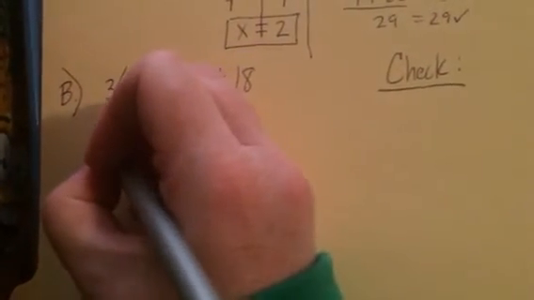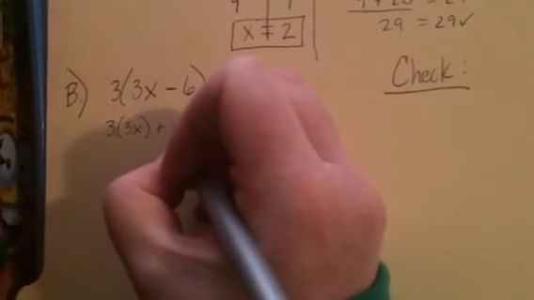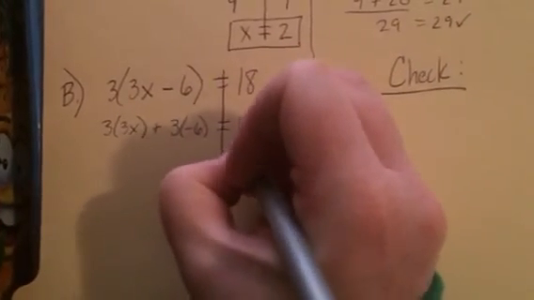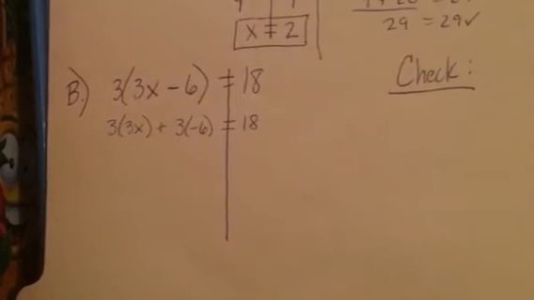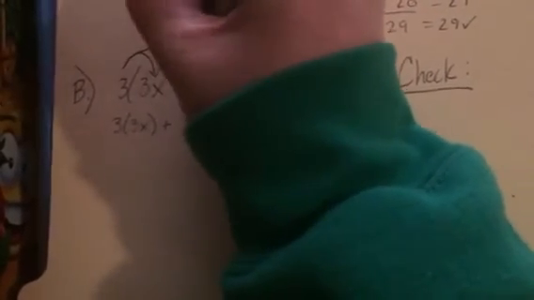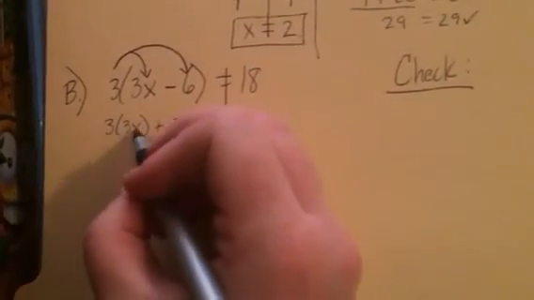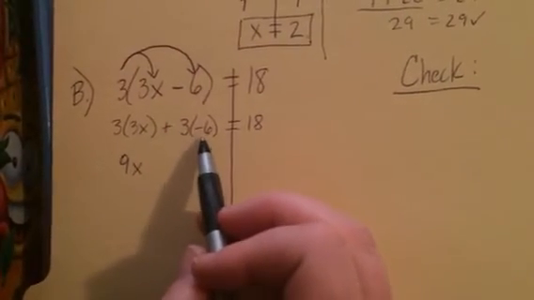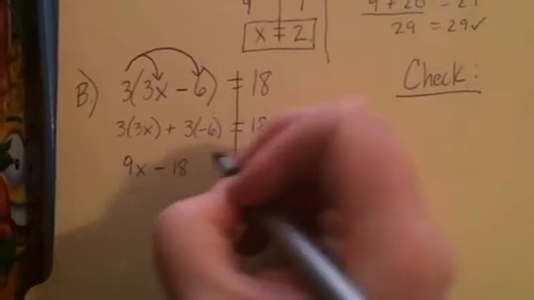So I like to do this middle step where I have 3 times 3x plus 3 times negative 6. Bring down your equals 18. And this is just me showing that I'm actually multiplying the 3 times the 3x and the 3 times the negative 6. So 3 times 3x is 9x. 3 times negative 6, this is a positive 3, is going to be a negative 18.